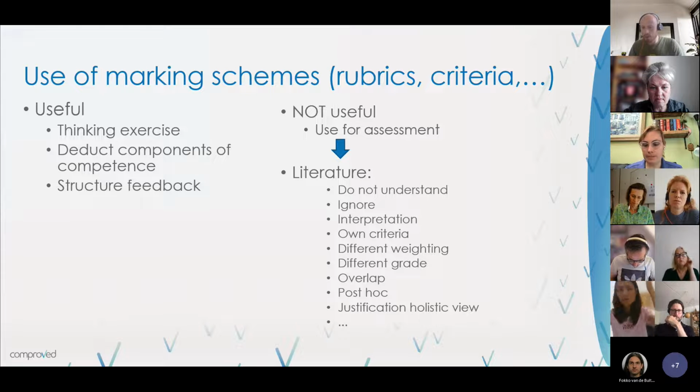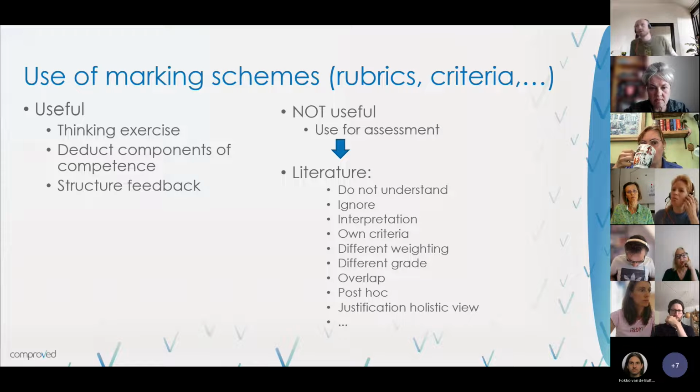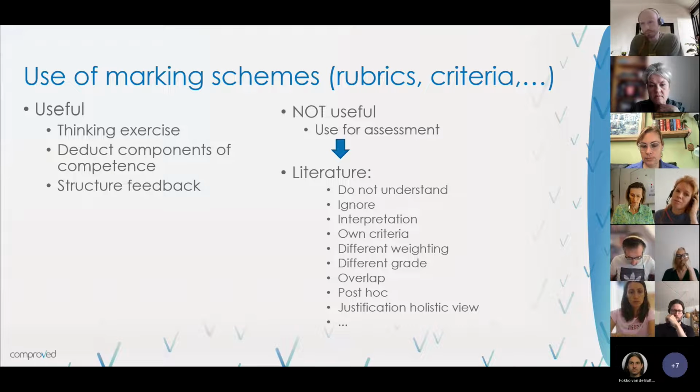And therefore, we rely on what we found in literature. If you observe or talk to people who are working with rubrics or criteria, they often state, okay, I don't understand what this means. Sometimes they ignore some aspects of criteria. If you ask them their interpretation of a certain criterion, it's sometimes completely different from others in the session.